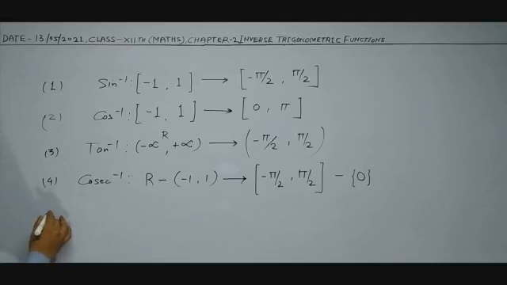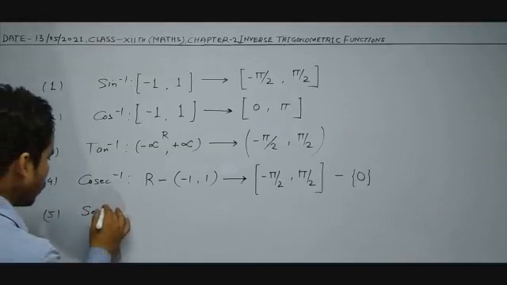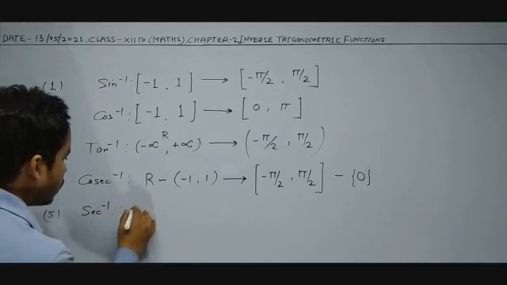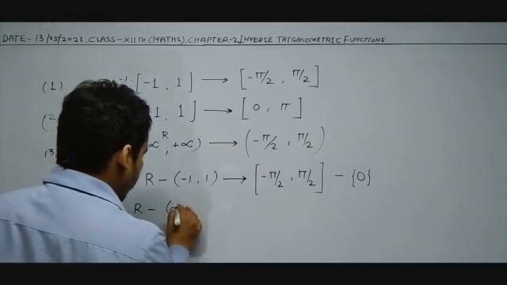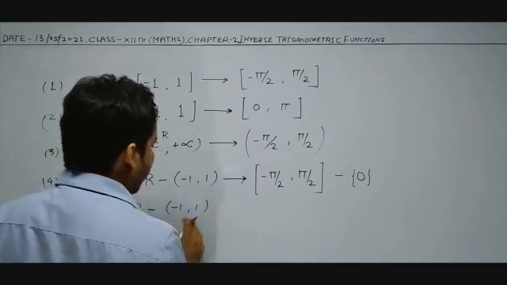Now come to fifth point, sec inverse. Domain will be all real numbers excluding minus 1 to 1 in open intervals.